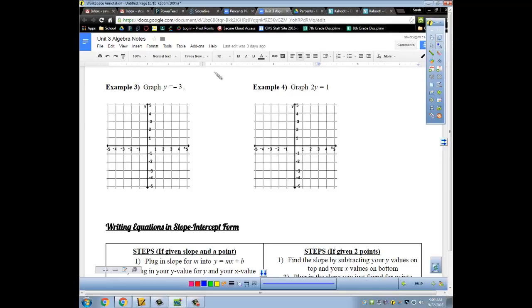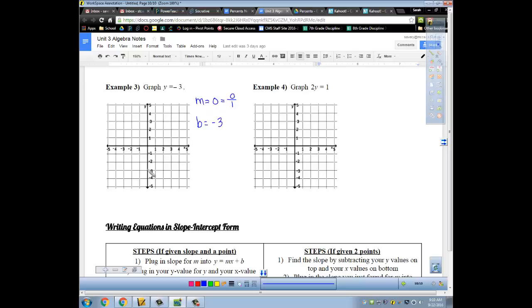For example 3 and 4, they already give us an equation. We just need to graph it. So I need to figure out what is my slope and my y-intercept. Well, the slope is always the number in front of your x. So if I look here, there is no x, which means your slope is going to be 0. And we typically like to have our slope written as a fraction, so let's just write that as 0 over 1. Then your y-intercept is going to be negative 3.